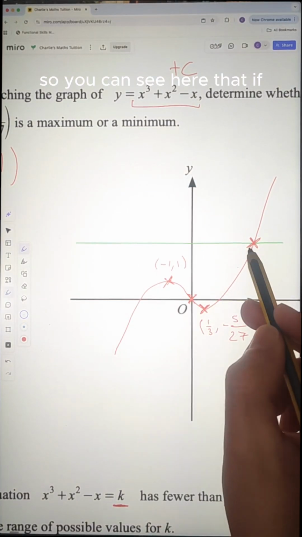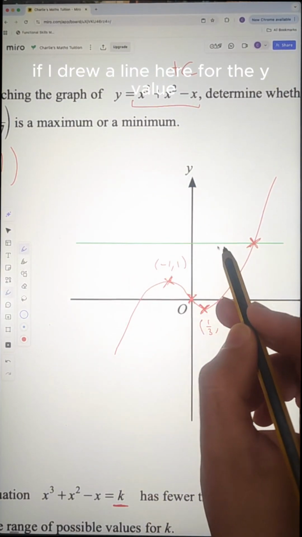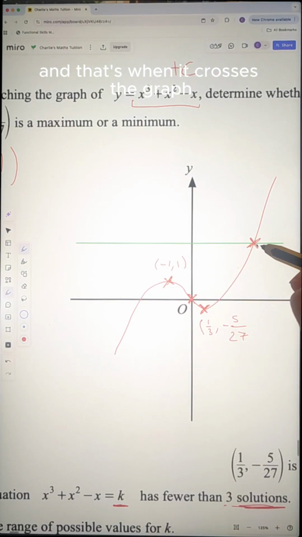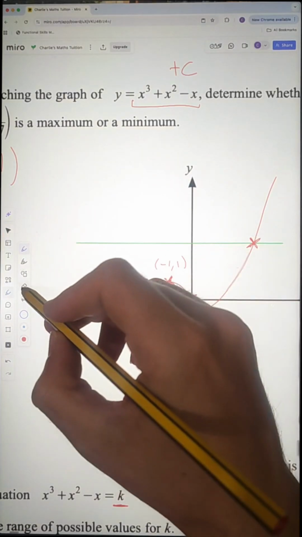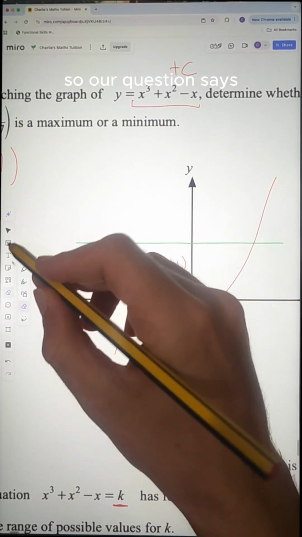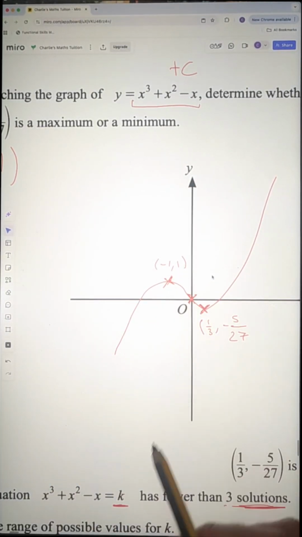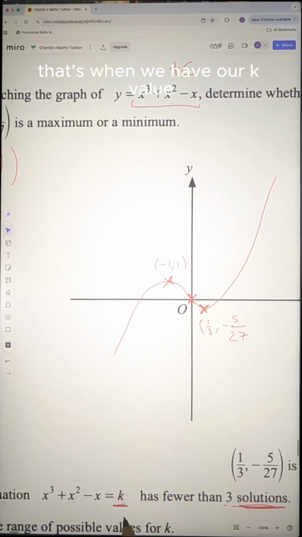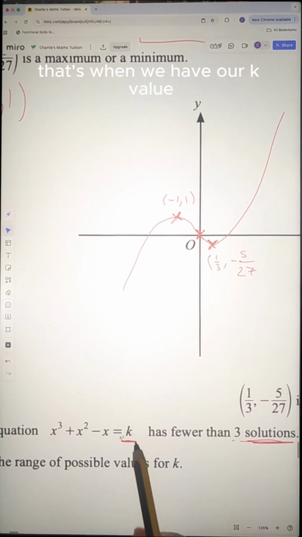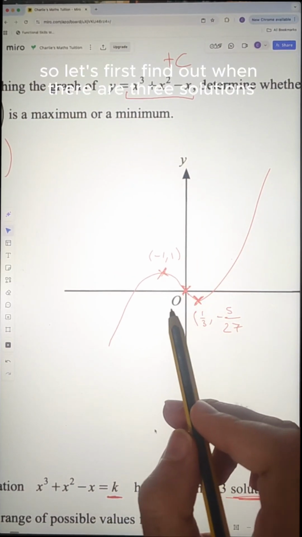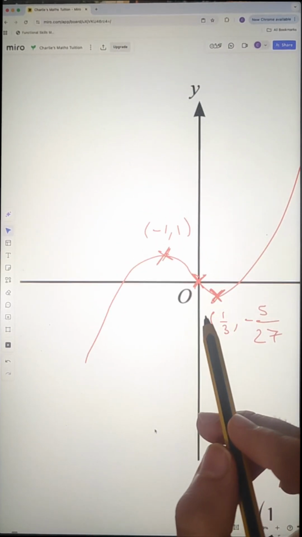So you can see here that if I drew a line here for the y value, there'll be one solution, and that's when it crosses the graph. So our question says, when there are fewer than 3 solutions, that's when we have our k value, and that's the values they want us to show the range of. So let's first find out when there are 3 solutions.